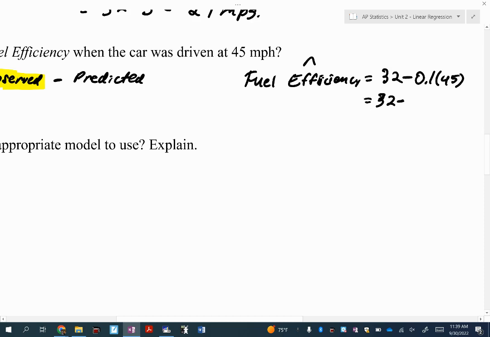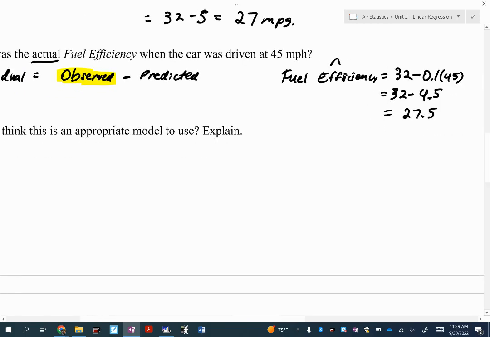What's 0.1 times 45? 4.5. And then what happens when you subtract 32 minus 4.5? 27.5. Nice. Now think about where I'm going to put that. That is a predicted fuel efficiency if I'm driving 45 miles an hour.